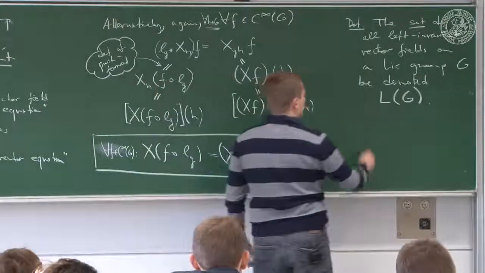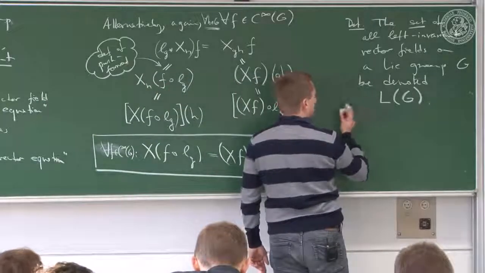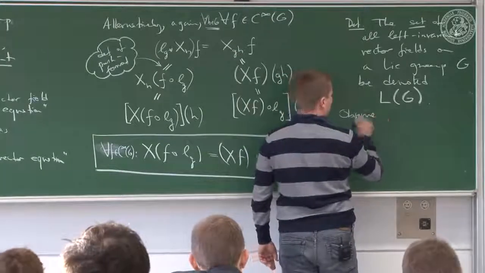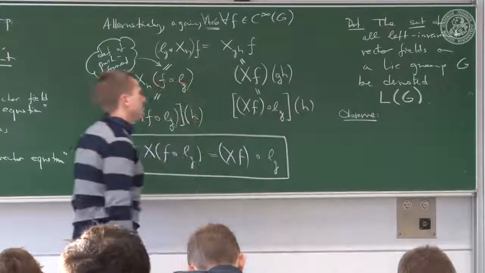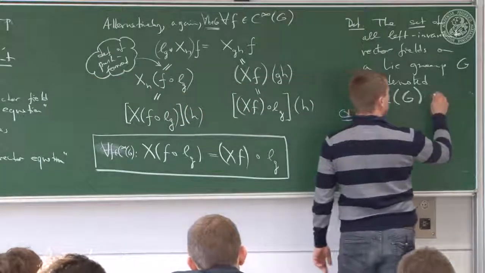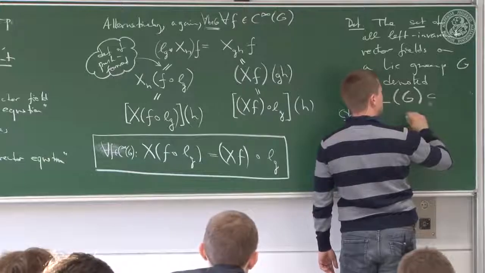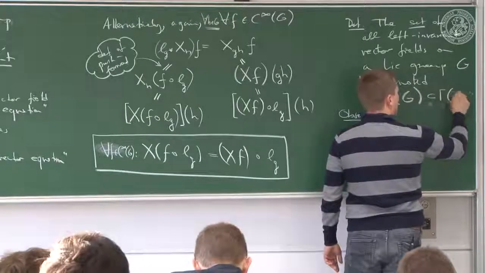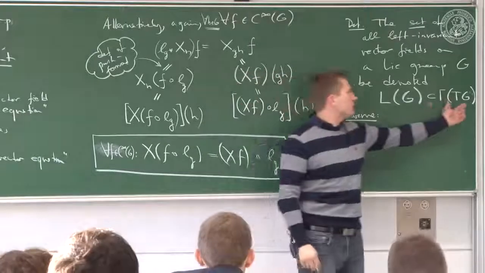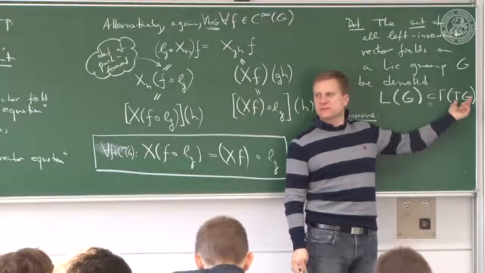But you quickly observe that LG is certainly a subset of all the vector fields you can have on your manifold, so of all sections of the tangent bundle.